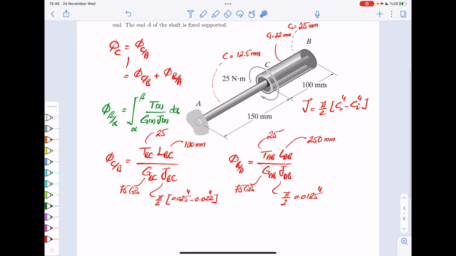Okay, so that's it. So basically, you want phi of C with respect to B, and B with respect to A, it's this one.